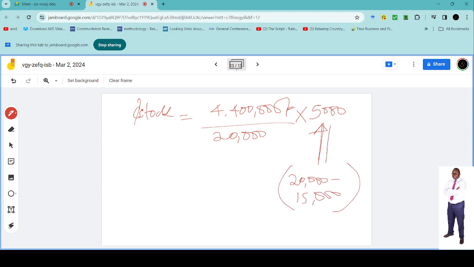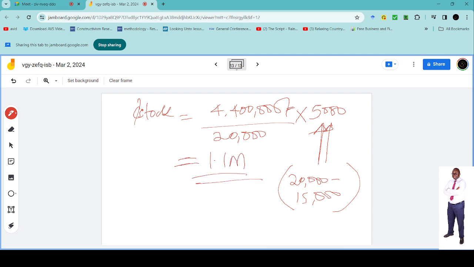So if you divide the 4,400,000 by the 20,000 units which were produced, and multiply that by 5,000, you get the cost of closing stock. That is 4.4 divided by 0.02 times 5,000, which is 1.1 million.